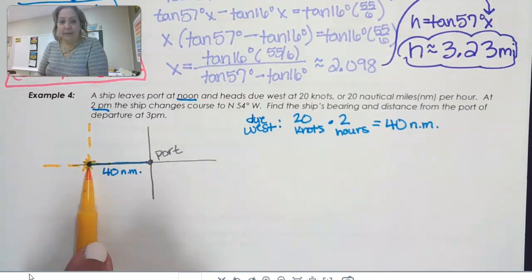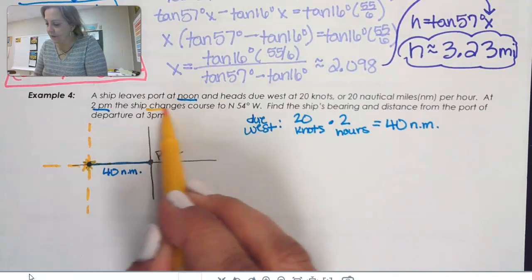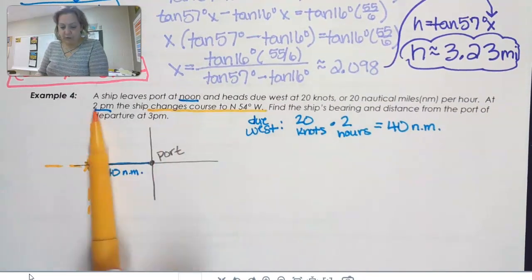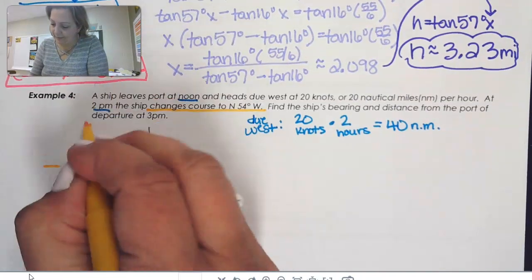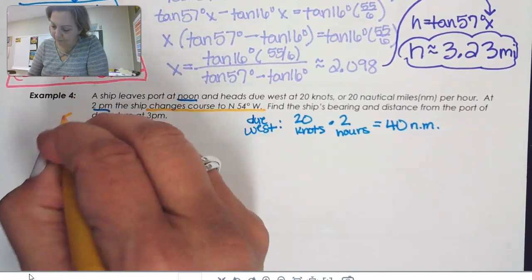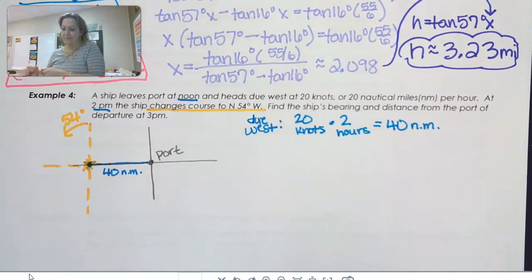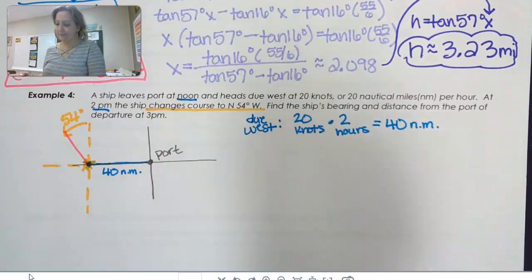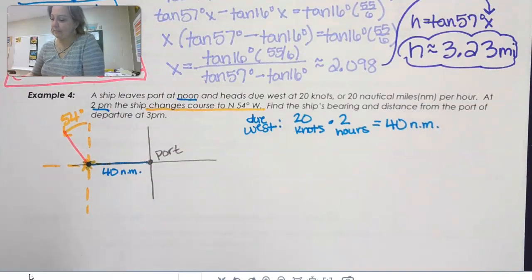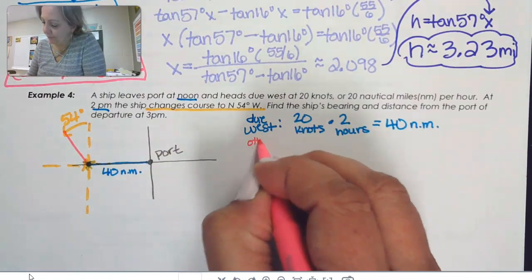So from here, this is where we change course. I'm going to go north and then 54 degrees west. And then that's going to be my new different piece that's here. And so this is basically my other direction.